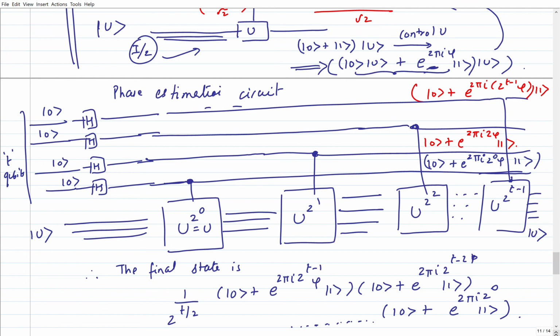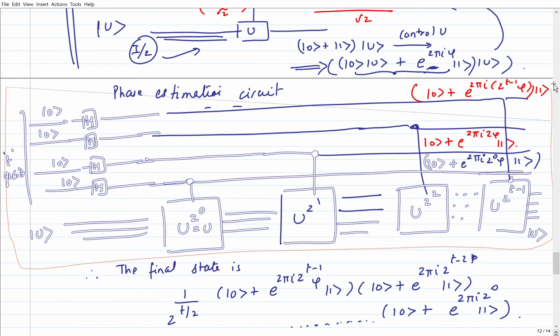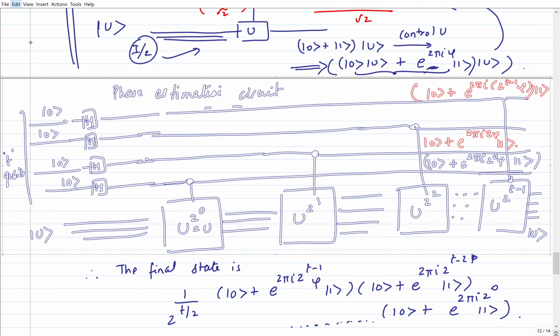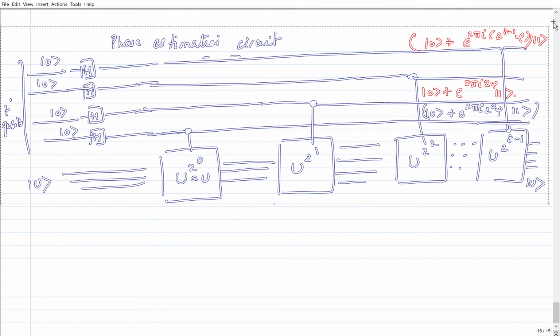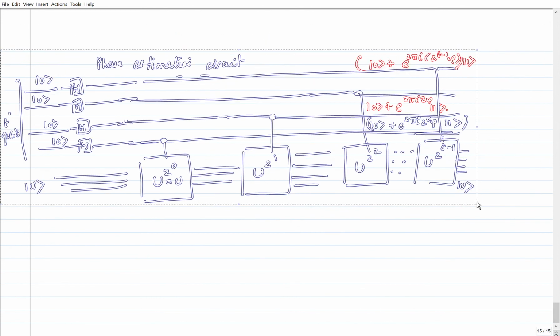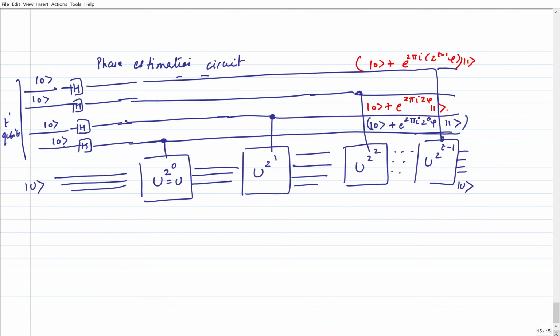So all I need to do, once I have the phase estimation circuit, is run these bits through an inverse quantum Fourier transform, which is going to be exactly the same circuit with the gates reversed, and that way I am going to get this guy.